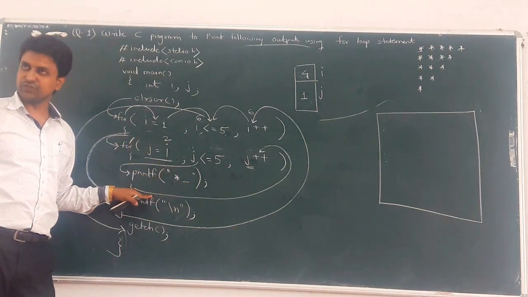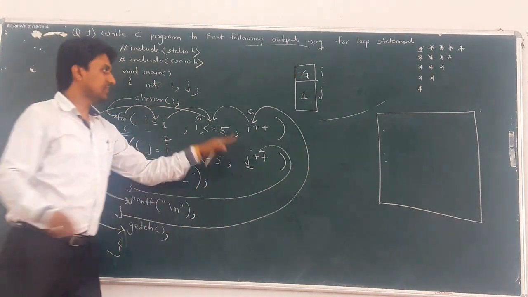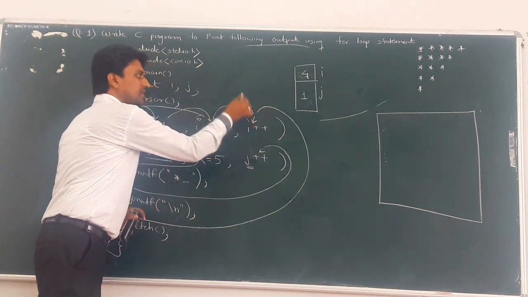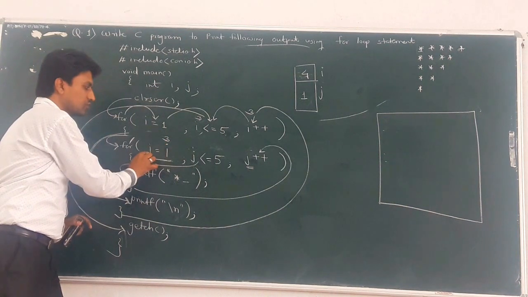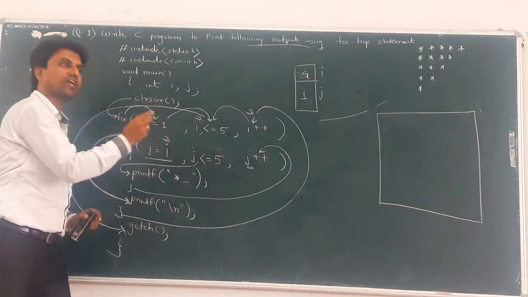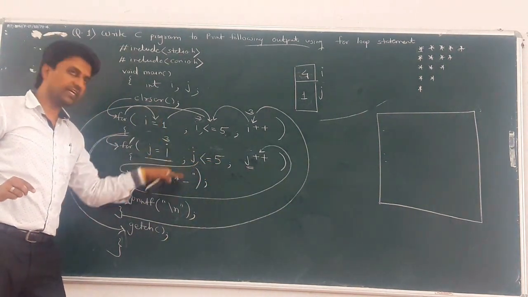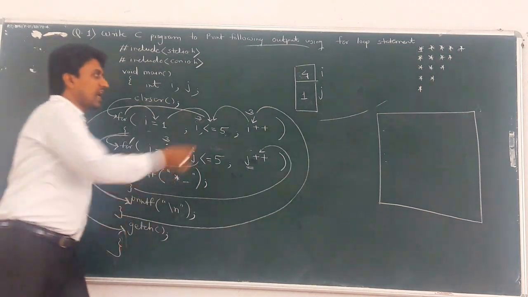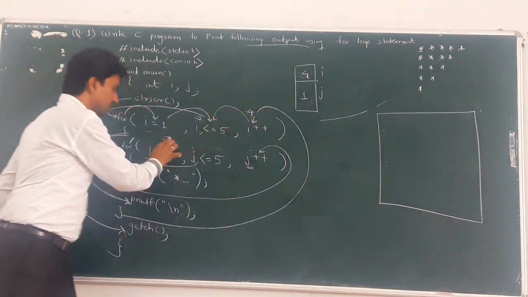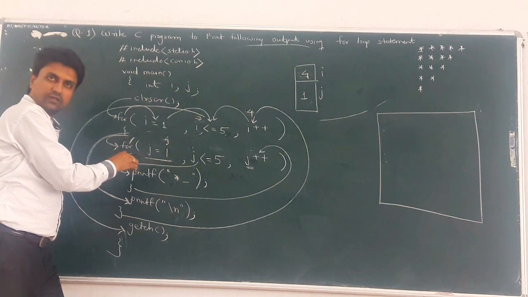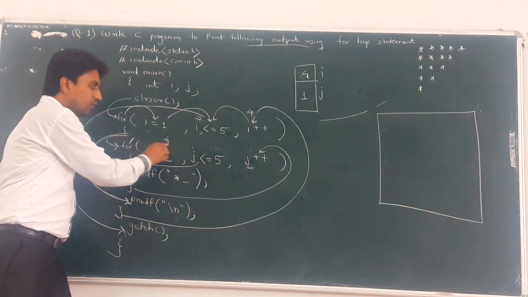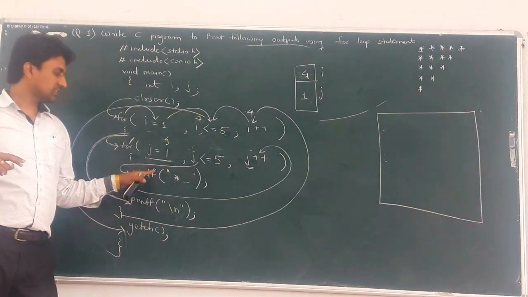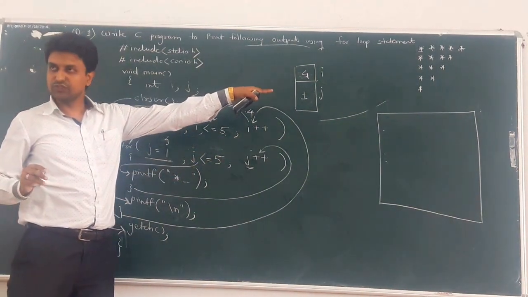When i becomes 3, j is initialized to 3, so 3, 4 and 5, 3 times. When i becomes 4, j is initialized to 4, so for the fourth row, 4 to 5 means 2 stars are printed.